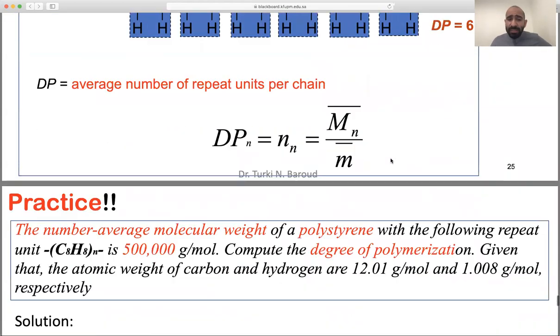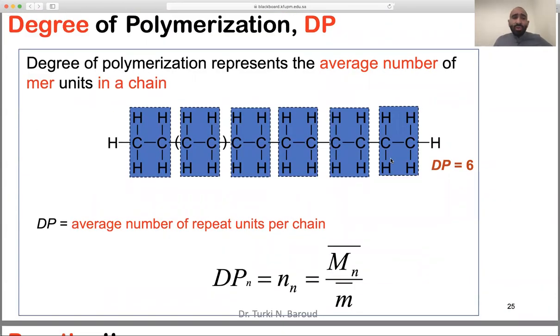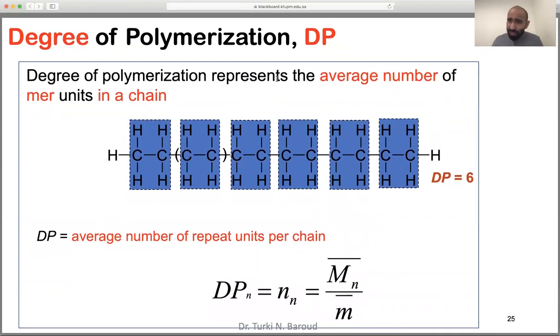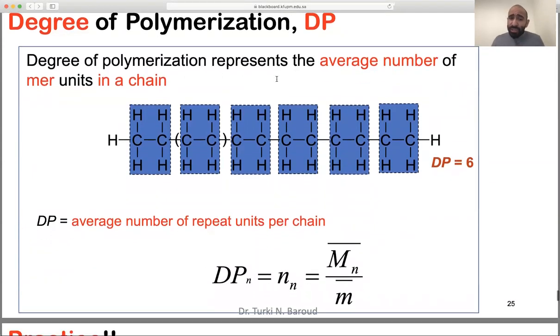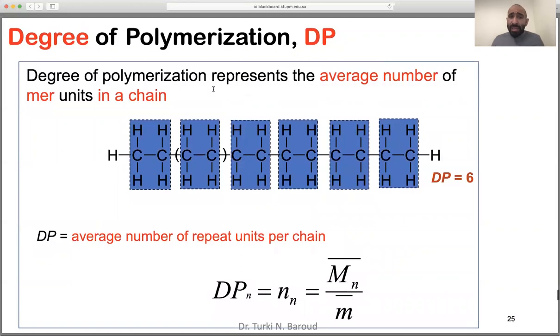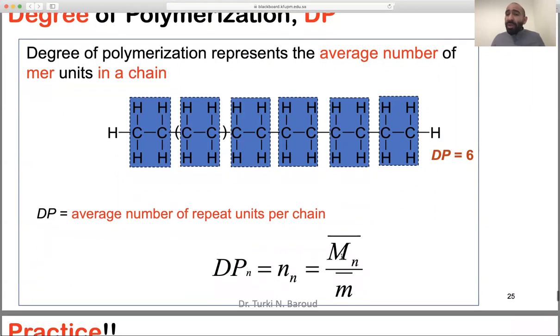So the last part, the easiest part, just very quick, is called degree of polymerization. Degree of polymerization is very simple. It represents the average number of mer, which is the repeated units. How many repeated units do I have, right? The way that we can calculate this is we divide the number average molecular weight by the mass of each mer.